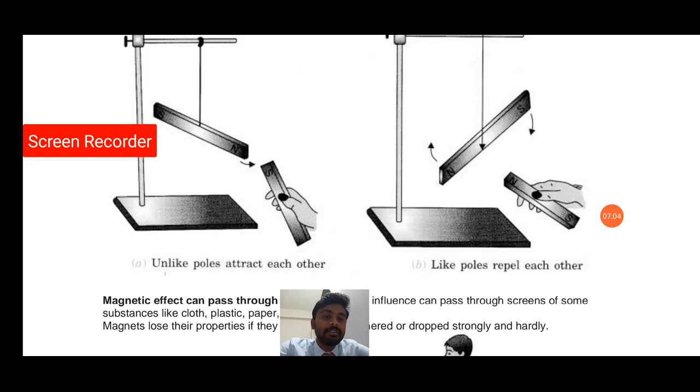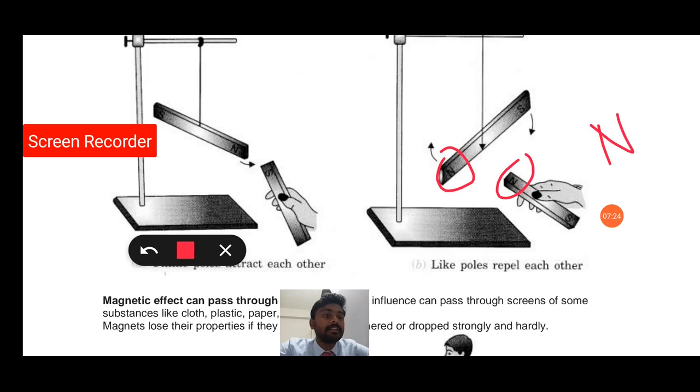You can see on this side, like poles repel each other. This is a north pole, and this is also a north pole, but both repel each other. It means repulsion.